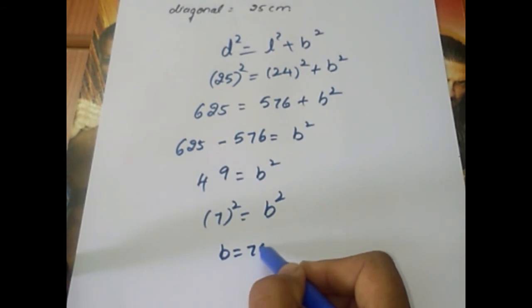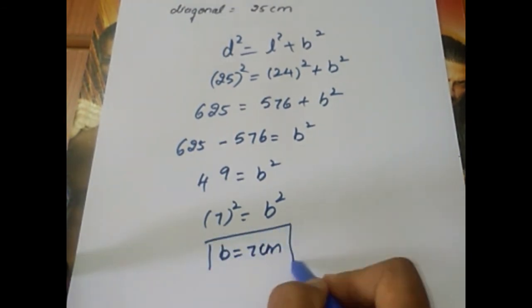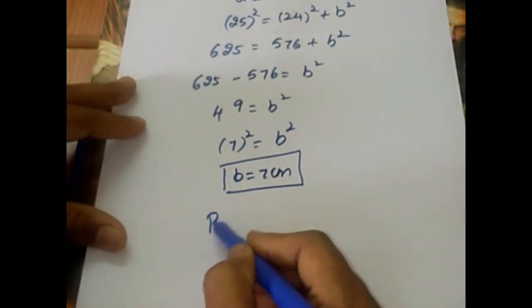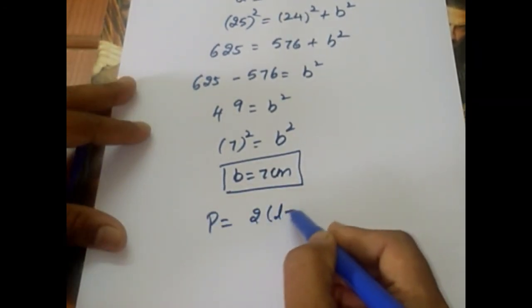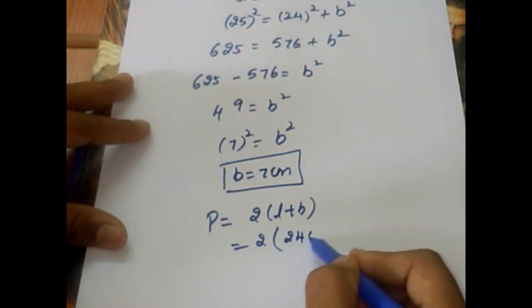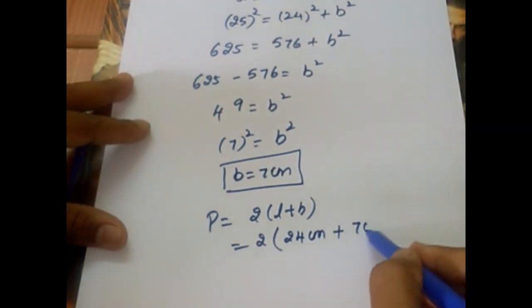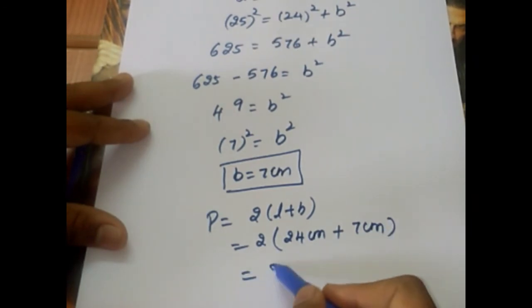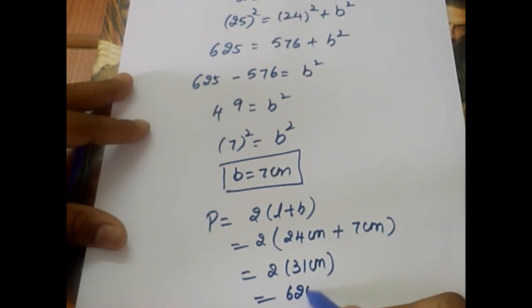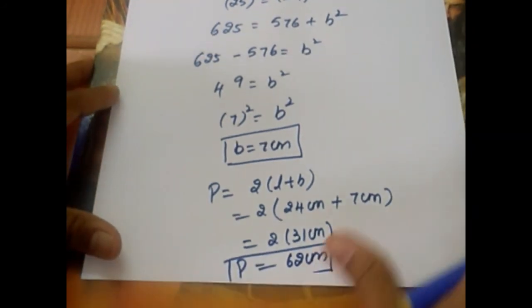So breadth is equal to 7 centimeter. So once the breadth is given as 7 centimeter, we can calculate the perimeter by using the formula 2 into L plus B. That is 24 centimeter plus 7 centimeter. That is 2 into 31 centimeter. Perimeter of the rectangle is 62 centimeter.